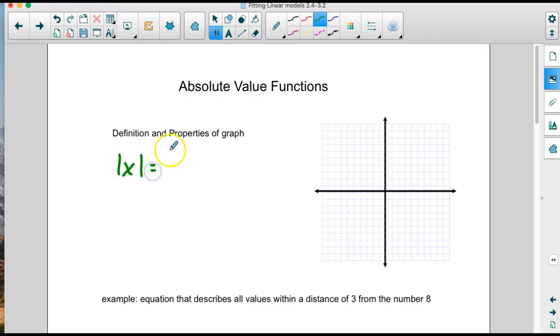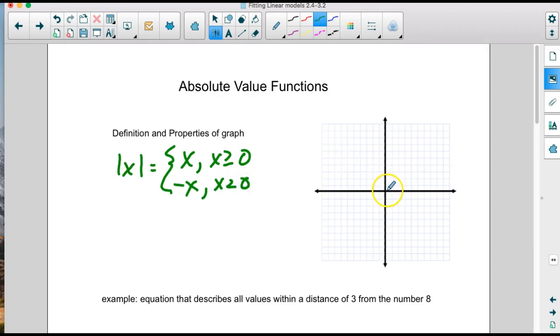It's going to be defined in two pieces because it is not a smooth curve. It's going to be x when x is greater than or equal to 0, and it's going to be negative x when x is less than 0. So the absolute value of x is two pieces.